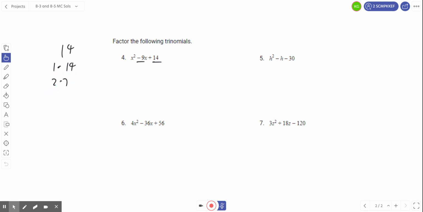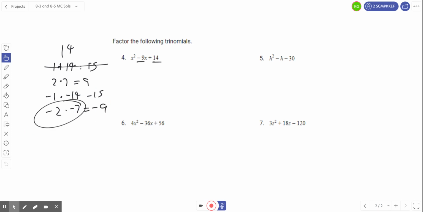And that's it. And if I add those, 1 plus 14 is 15. So it can't be that. And there is, of course, the option of -1 times -14, that also equals 14, or -2 times -7. And then if we start adding them, these ones equal 9, these ones equal -15, and these ones equal -9.